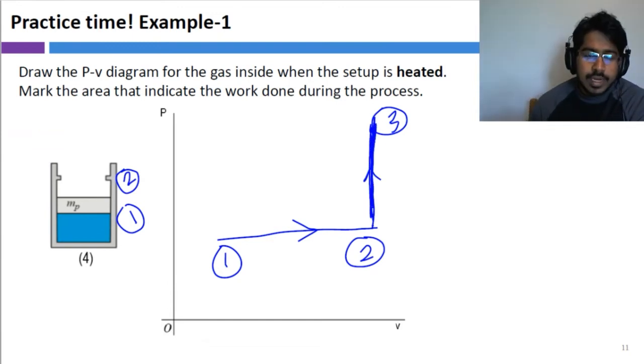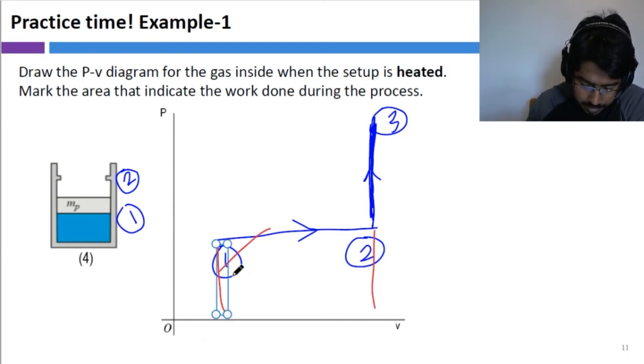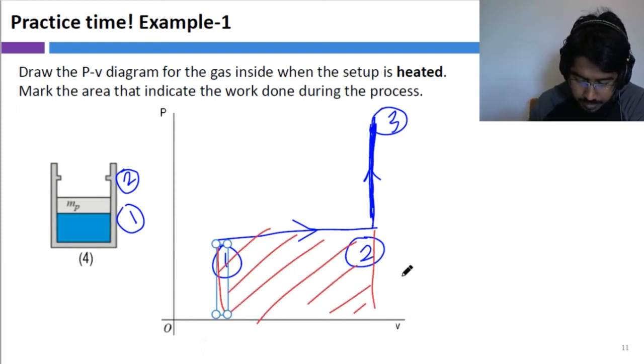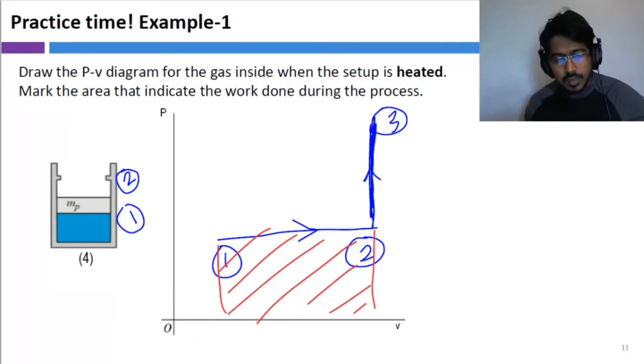Okay. So what can you say about the work done from process 2 to 3? Work done during process 2 to 3? No work, right? Work done during 1 to 2 can be calculated by this area, right?